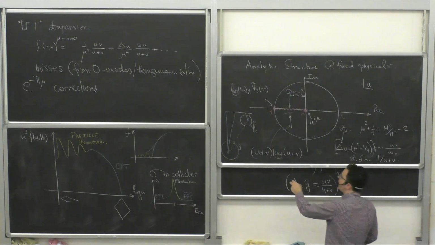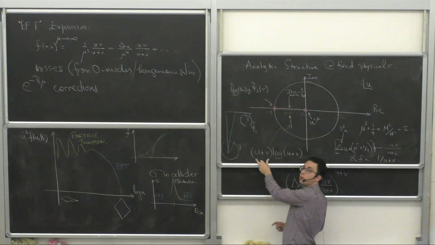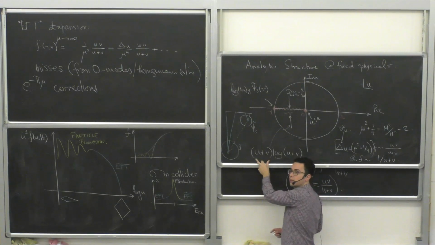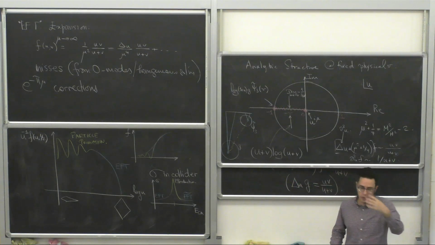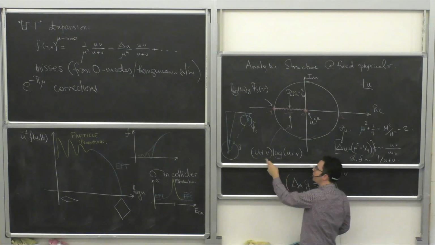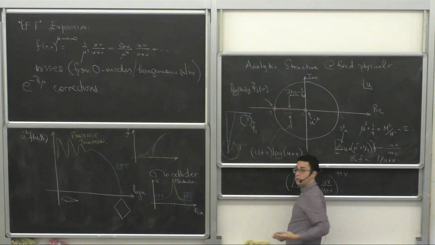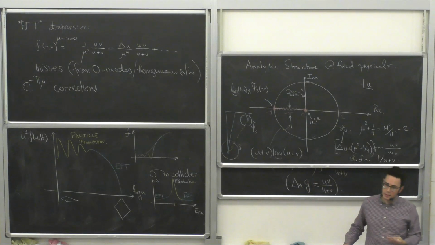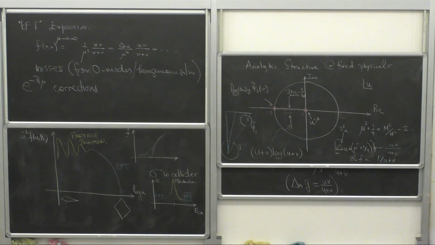So remember that we got u plus v poles in all these contact terms. U plus v cubed, u plus v to the fifth. Instead, for an exchange solution, it's a softer behavior. It's logarithmic. It's the derivative that blows up, not the function itself. Okay?